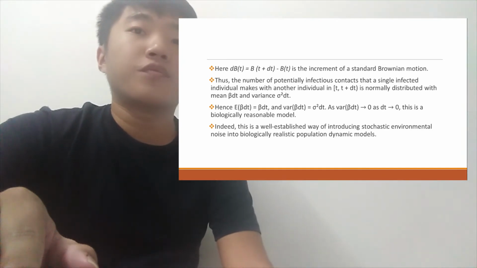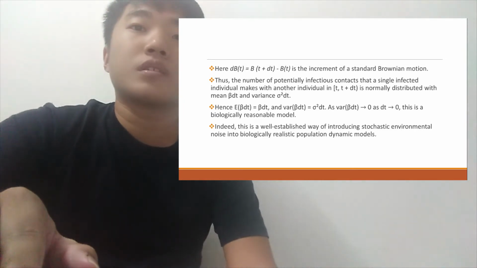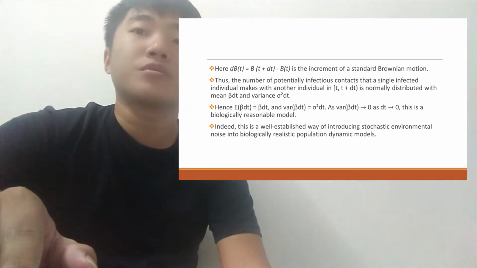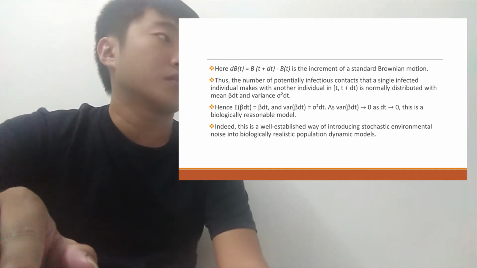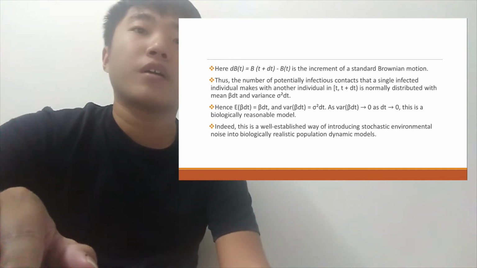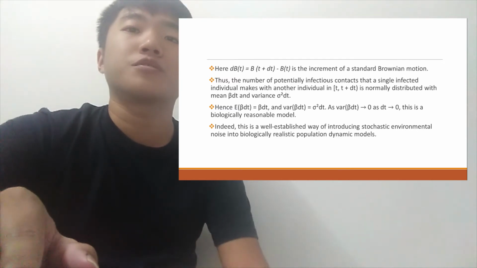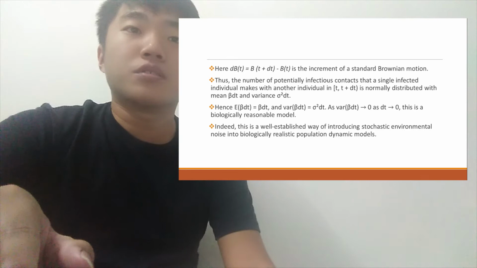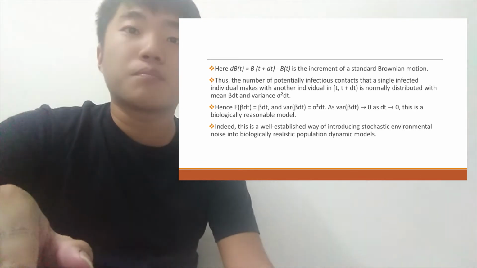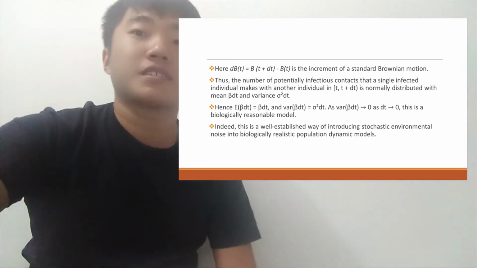As the variance goes to 0 as dt goes to 0, this is a biologically reasonable model. Indeed, this is a well-established way of introducing stochastic environmental noise into biologically realistic population dynamic models.